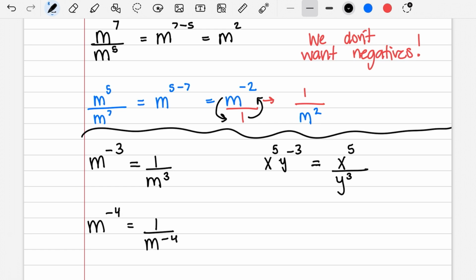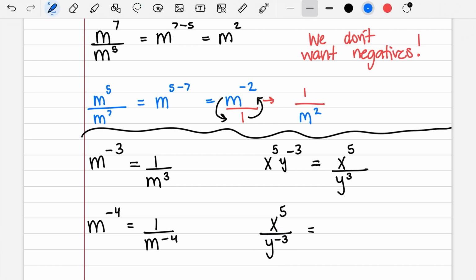But what if it's already negative at the bottom? What if we have this, for example? X to the power of 5, and in the bottom, it's y negative 3. What do you think you're going to do? We're actually going to move this guy up to become positive.